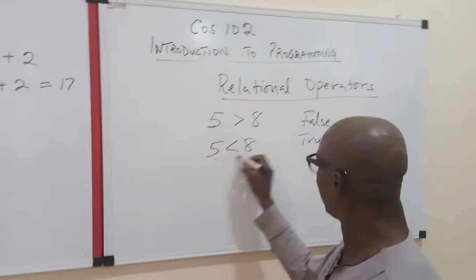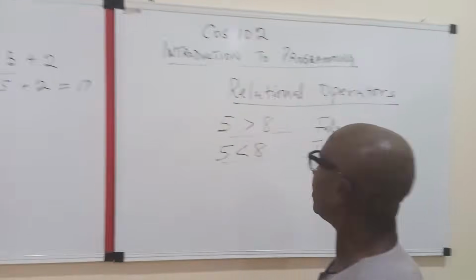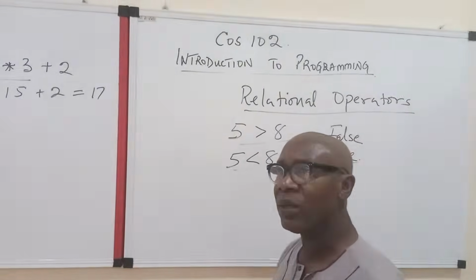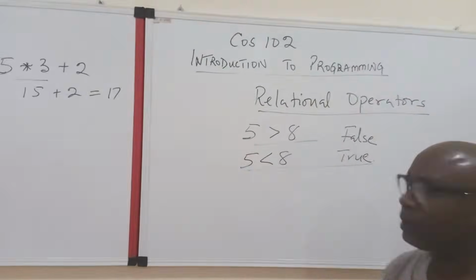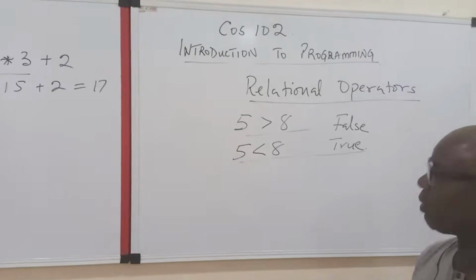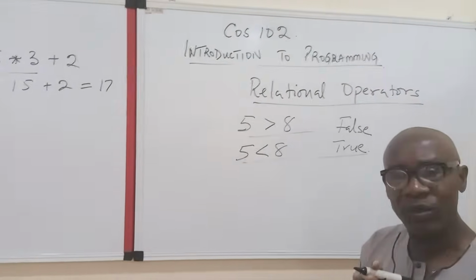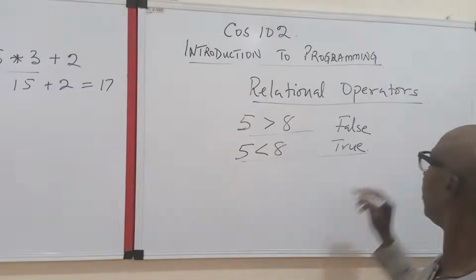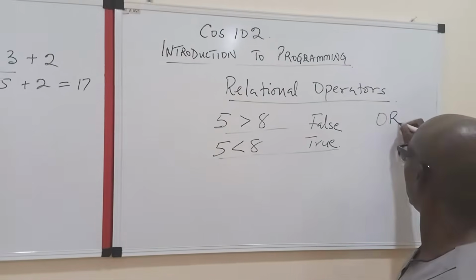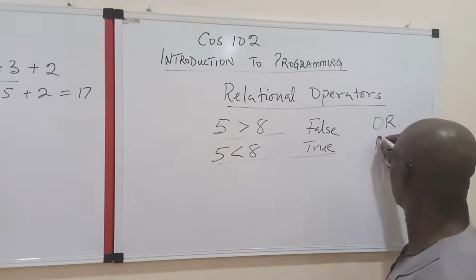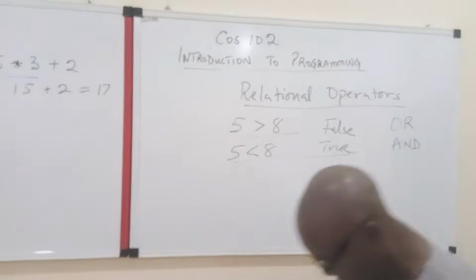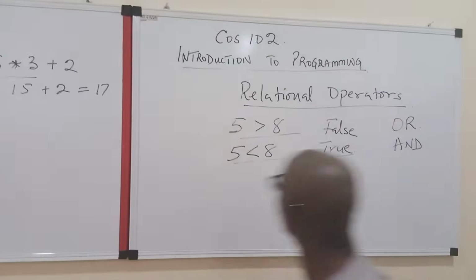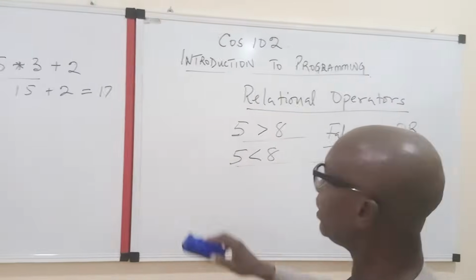Now, having known what this is, we'll look at what are called truth tables again. In the truth table, at this point, we are going to look at 2 major truth tables: the OR operator, and then the AND operator. Let's look at the truth table.